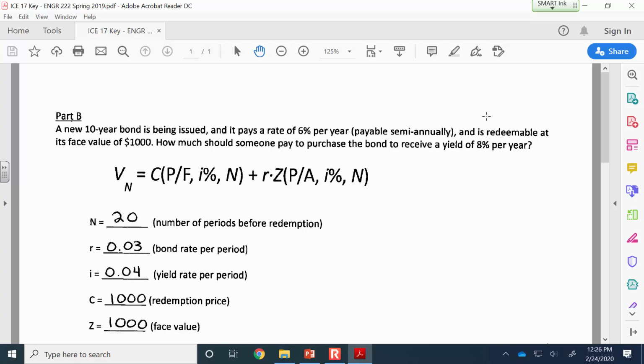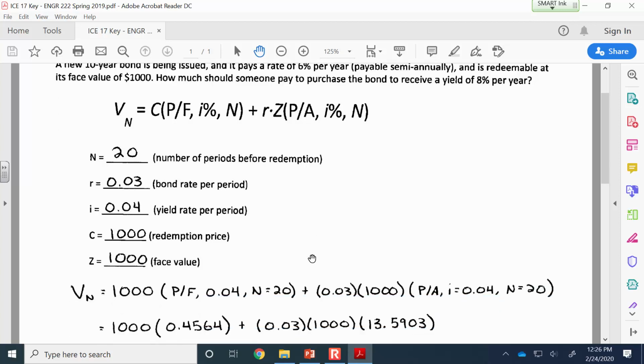So that's what this formula is calculating. It's finding the present value of those two things. And so it's the present value of the lump sum and the present value of the series of payments. Does everybody understand that? We're talking about two different components of the present value.